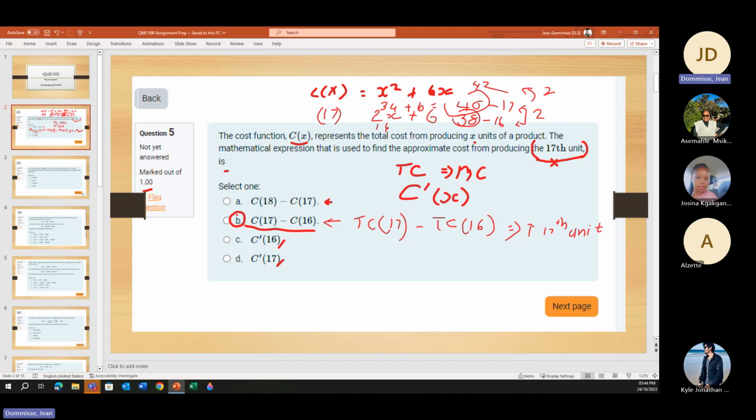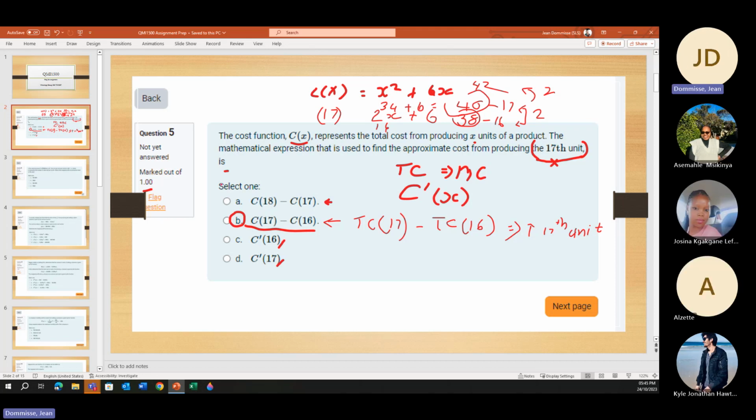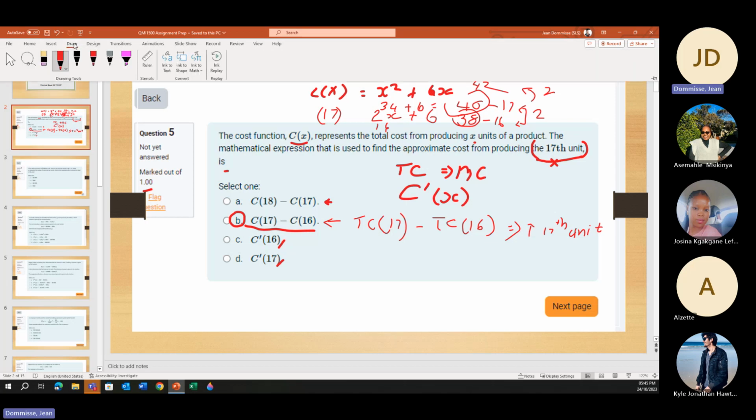So we don't care what was up until the 16th unit. And with marginal cost that I first wanted to do, we would basically include all the units. So that is where the difference will come in.